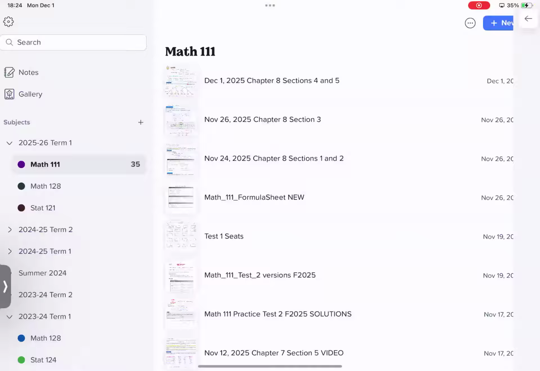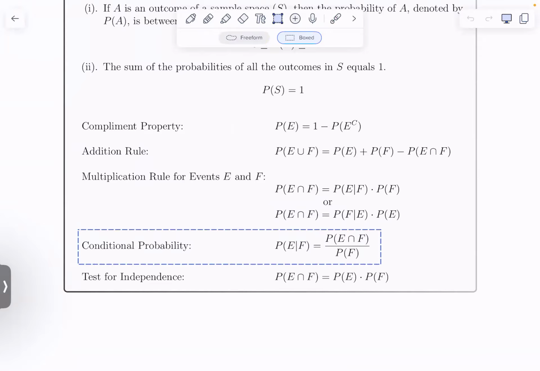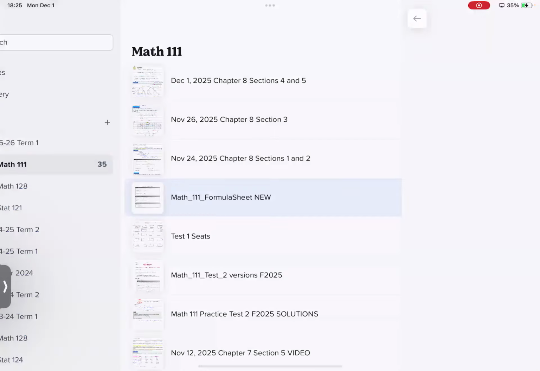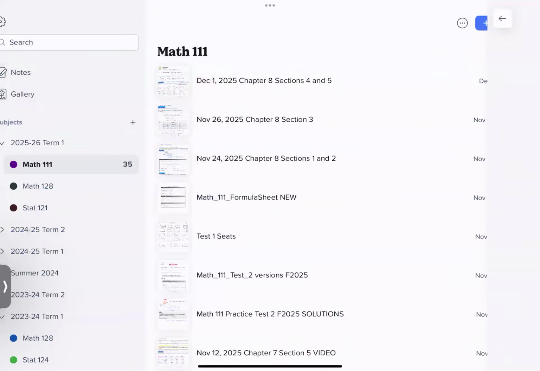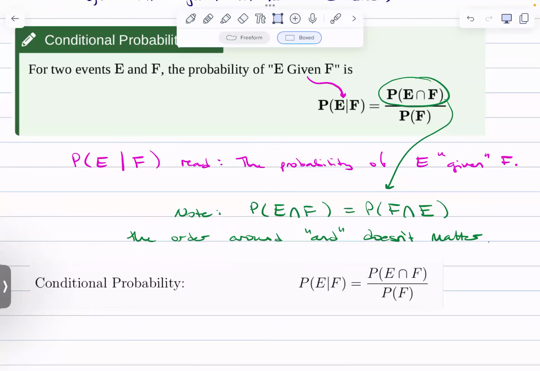And so, of course, it's on your formula sheet. We'll come back to the multiplication rule. We're doing the conditional probability now. Here's what's on your formula sheet, and it looks exactly the same.